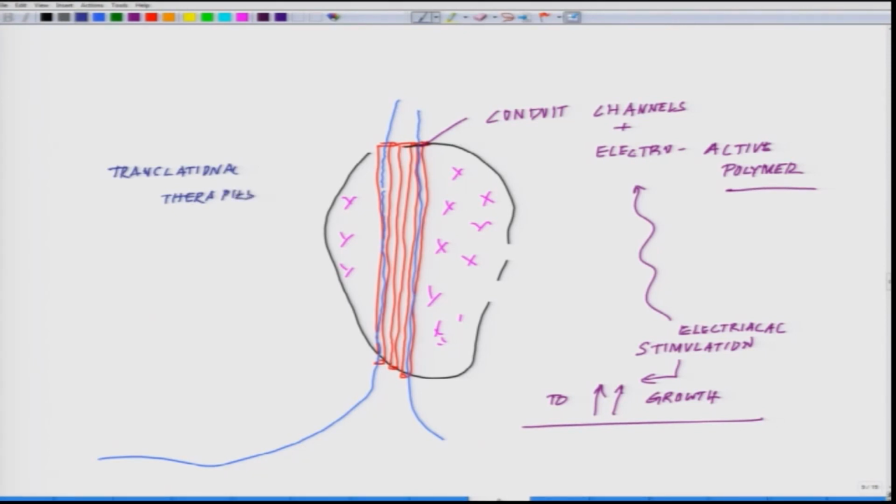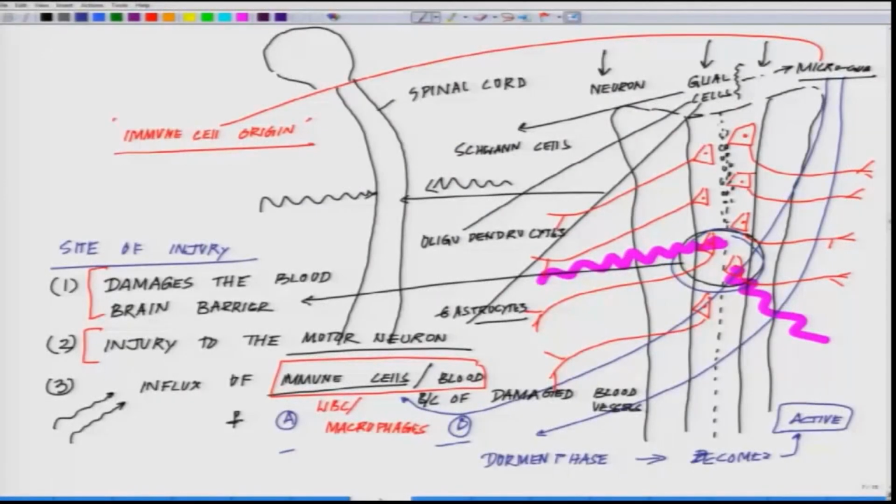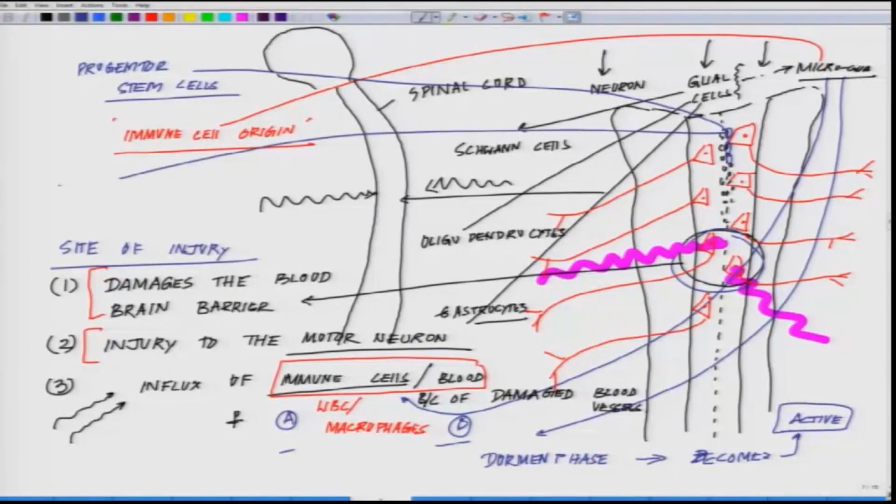There is another aspect which I haven't highlighted yet. There are attempts being made. If you remember, when I was drawing this, I told you that this location has a lot of progenitor or stem cells present. So there are people attempting to activate those neural stem cells to become motor neurons.